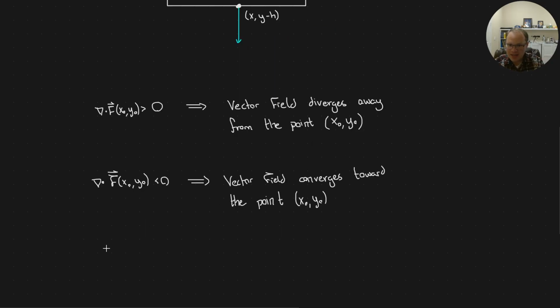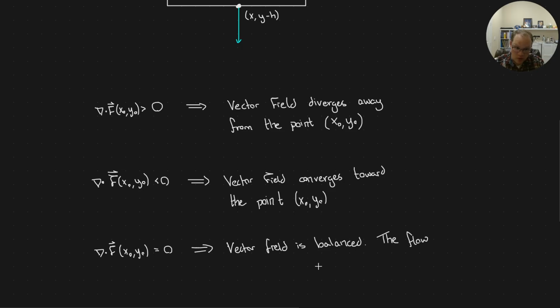And if the divergence at the point x naught, y naught is equal to 0, then that means we have a balance. The vector field is balanced. The flow outward and the flow inward are equal.